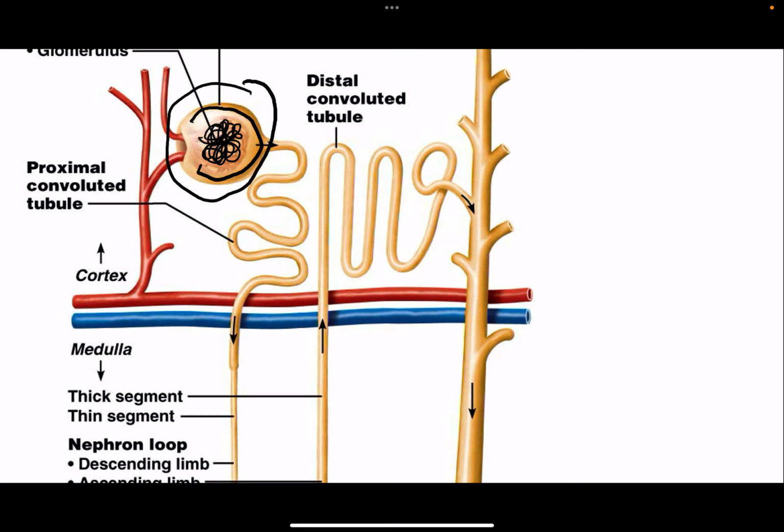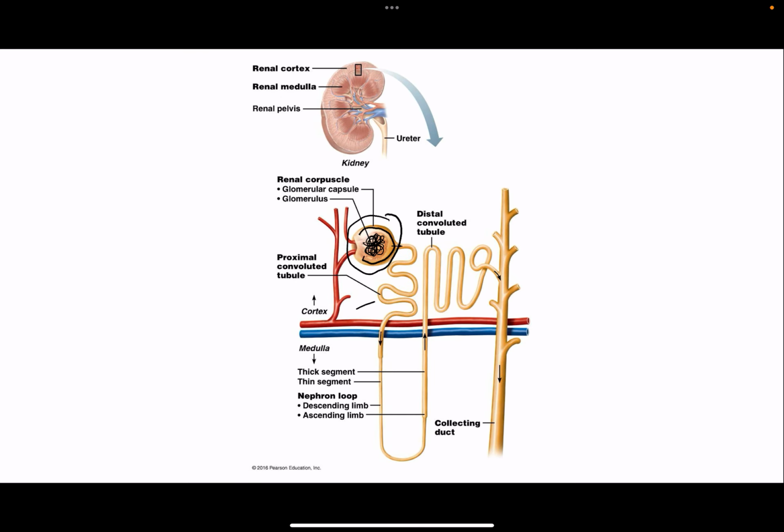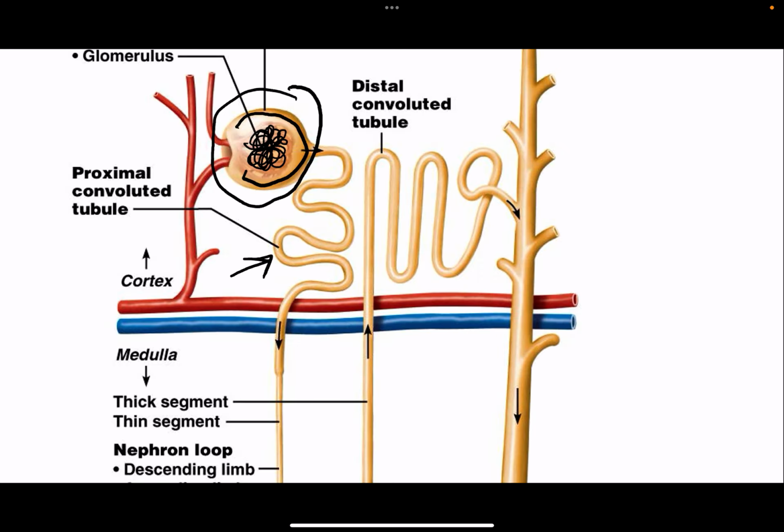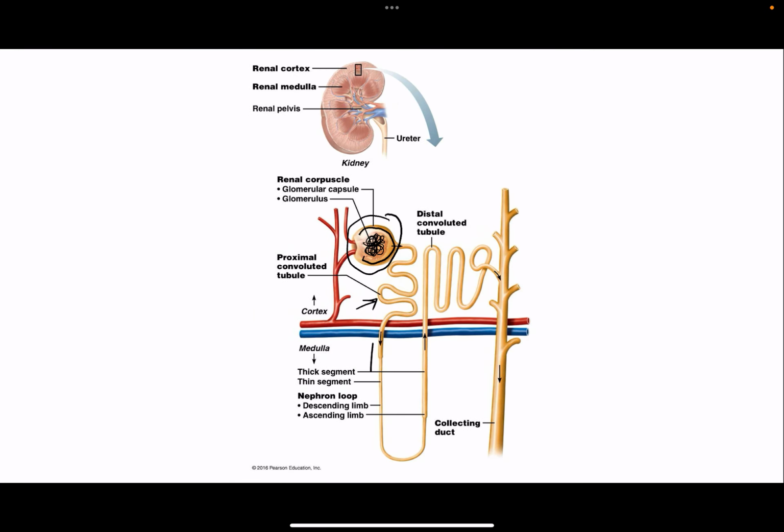Then we have the proximal convoluted tubule, which again will be much more convoluted in the models and the rest of the pictures you see today. But the proximal convoluted tubule is the part of the tube that's closest to the glomerulus. And then we have the descending limb, nephron loop, ascending limb, so going down, looping, and then coming back up.